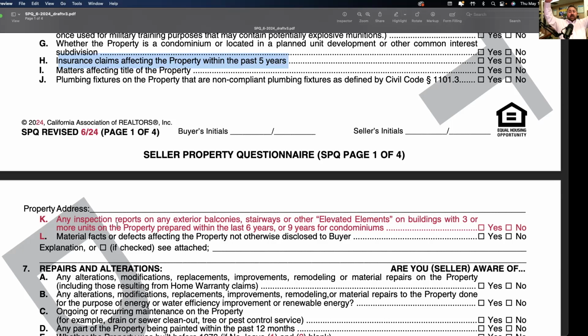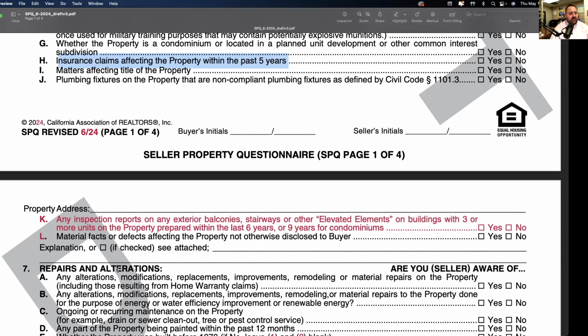So anything like an elevated balcony, something on the outside where people are going to go, because there's been a lot of issues with balconies that collapse, or stairways, or if you have like a patio, right? In the last 6 years, any inspection reports, right, with 3 or more units, 9 years for condos. That's it. Are you aware of them? Again, if there isn't any, you're not aware of any, then the answer is no.